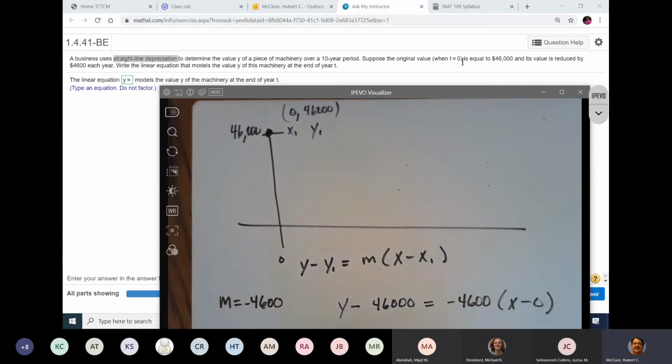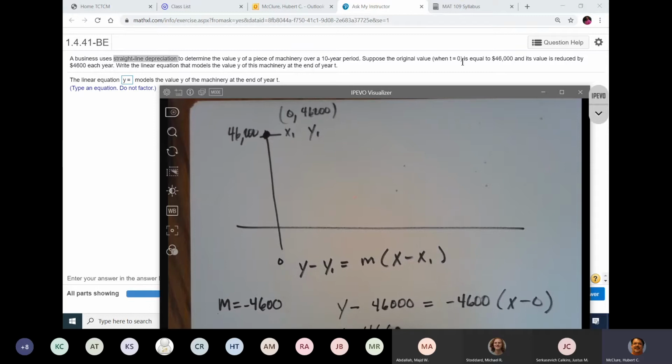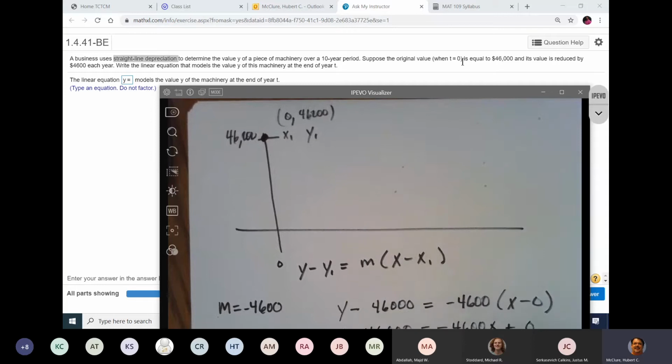So y minus 46,000 is equal to negative 4,600x plus 0. y is equal to negative 4,600x plus 46,000. Now that's what I come up with. Oops, I'm sorry, you can't see, sorry.